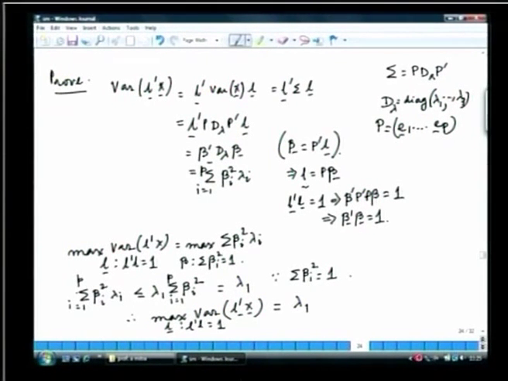And then I have shown that I can obtain an upper bound of this term, and it is nothing but the maximum eigenvalue lambda 1. So, this has been shown: the maximum of variance of L prime x under the condition L prime L equal to 1 is equal to lambda 1.